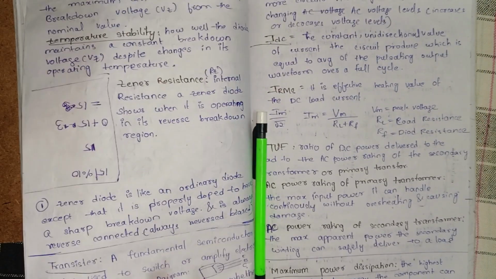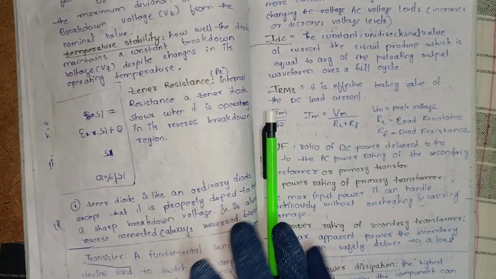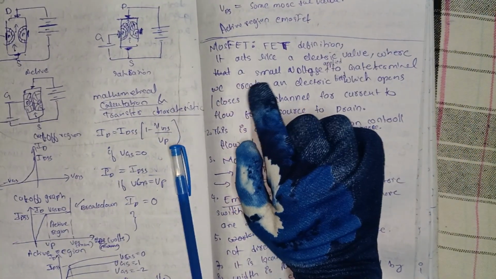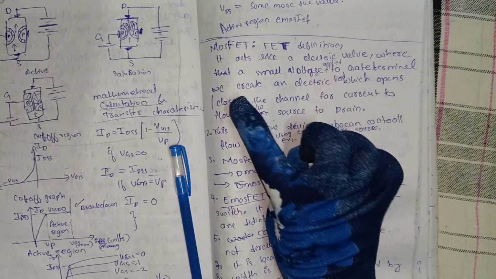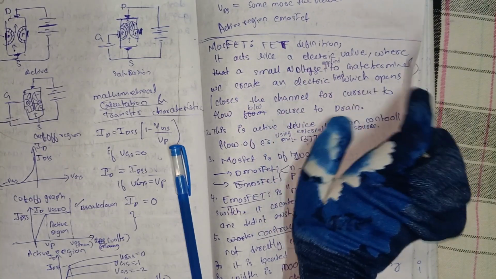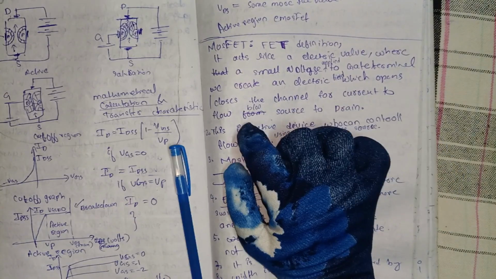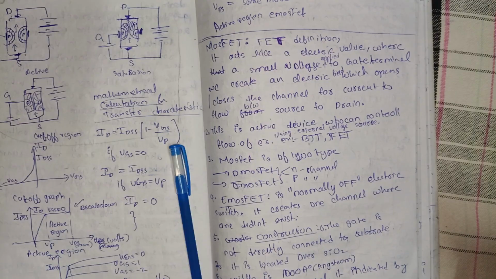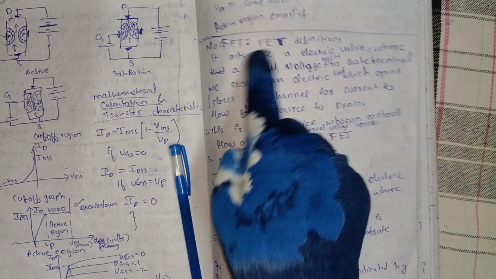So we will see what is MOSFET. MOSFET acts like an electric valve where a small voltage applied to the gate terminal creates an electric field which opens or closes the channel for current to flow between source and drain. So we will understand this definition by using the D MOSFET diagram.